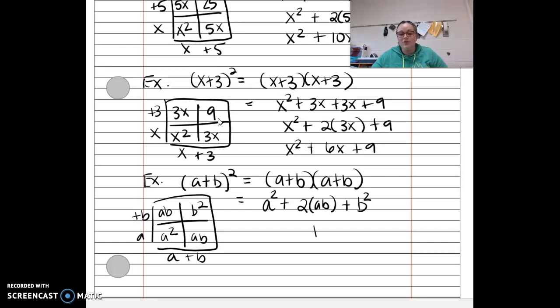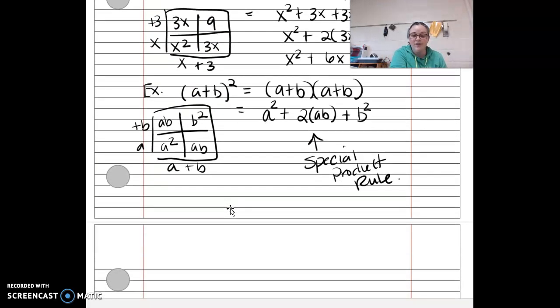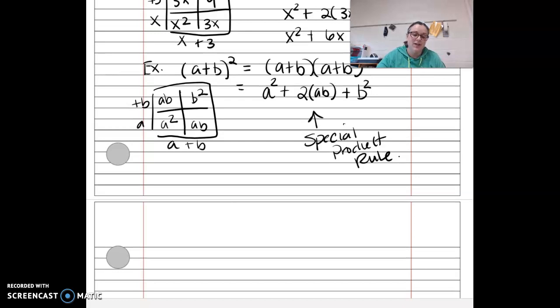This is your special product rule. And when you find those when you're doing your homework, you can use this special product rule because it does work every single time. So instead of doing FOIL or the box or horizontal or vertical method, we can use this special product rule.